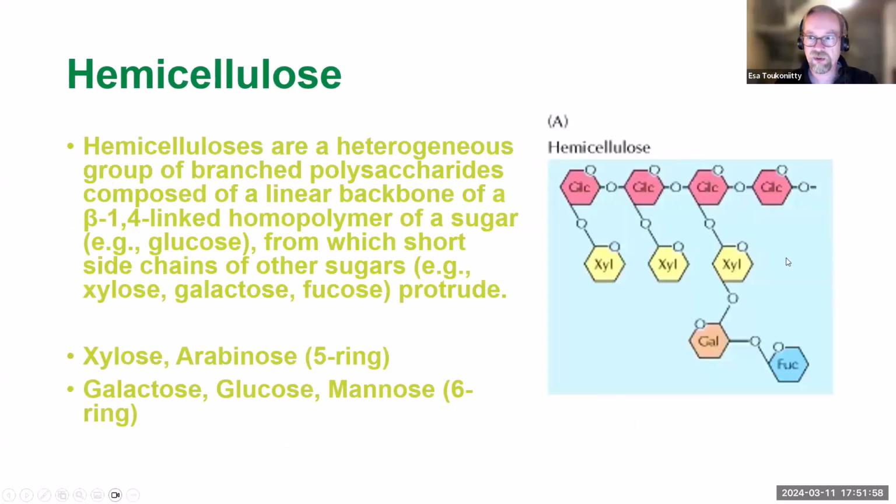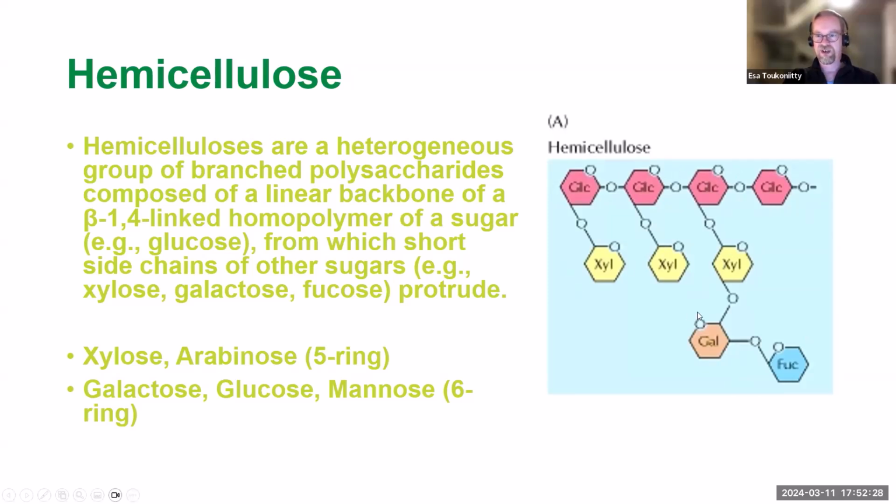Then the third and last component in the mixture is hemicellulose, and that's again a heterogeneous polysaccharide polymer. And this is a really lousy picture, sorry about that, of hemicellulose, but what you should see in it is that it's made out of different sugars.